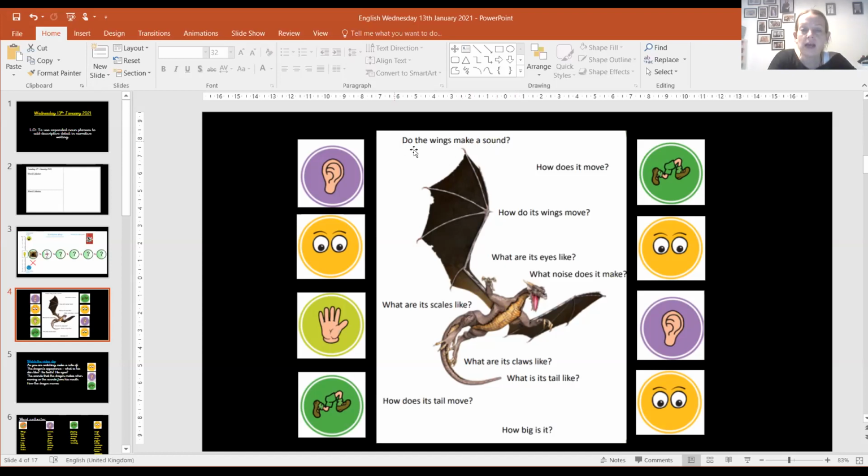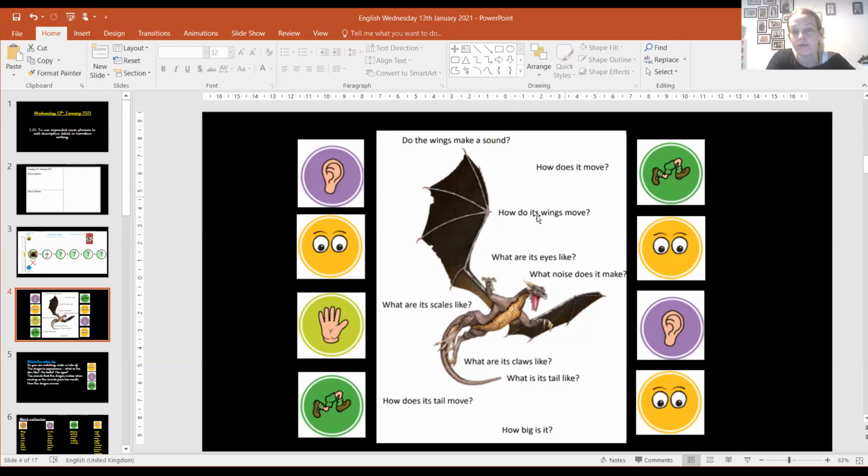So for our word collector list, we want to look at some of these questions to give us some vocabulary. So up here we've got, do the wings make a sound? So imagine the dragon was flapping his wings. What kind of sound would that make? So all of these words that come to your head, pop into your word collector list.